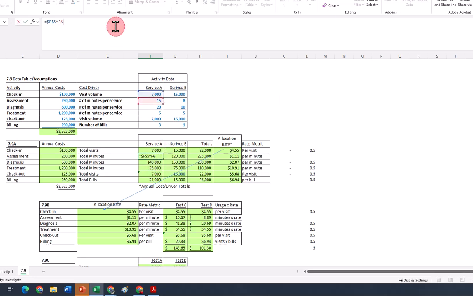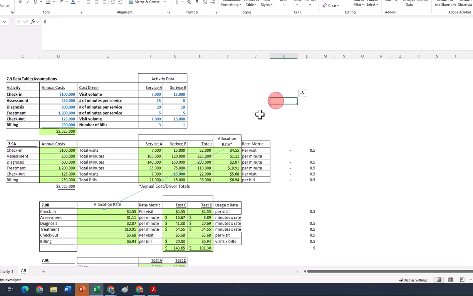Total minutes is the visits times the minutes per visit, minutes per service, which is a visit. So we take that visit volume times the 15 minutes to get the total minutes. And then for service B, we do the same, only it's G6 times 8. So again, we do the same thing down each of these to get the total minutes provided.